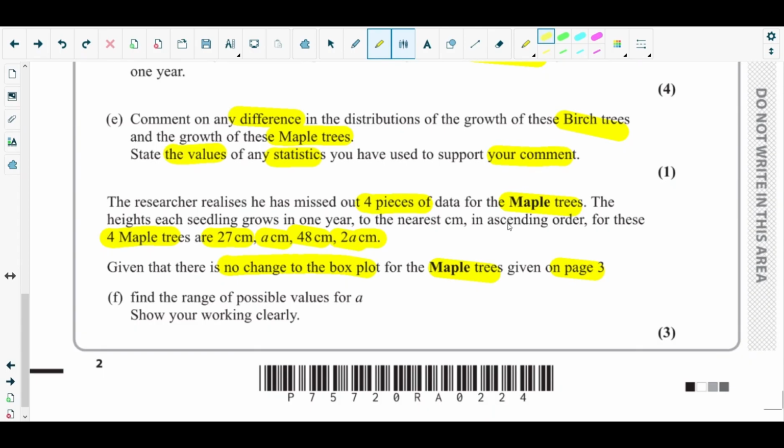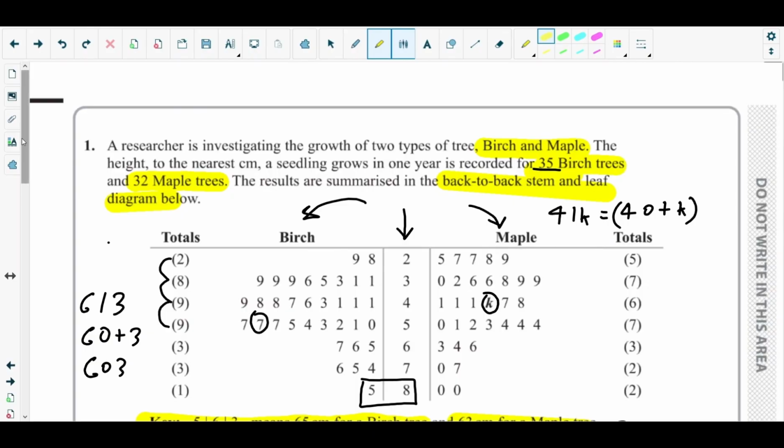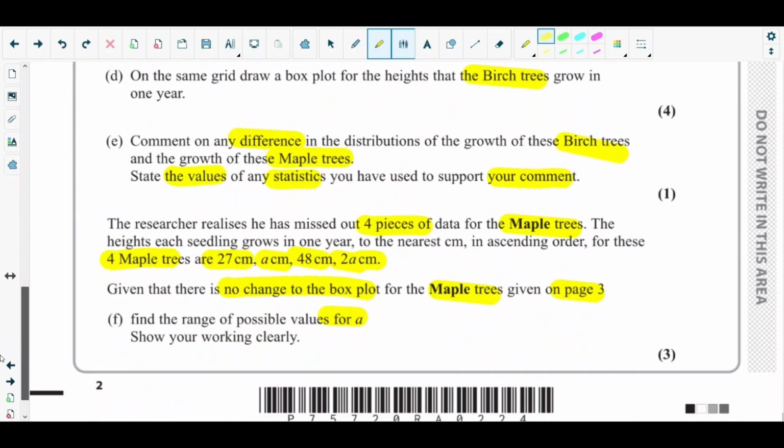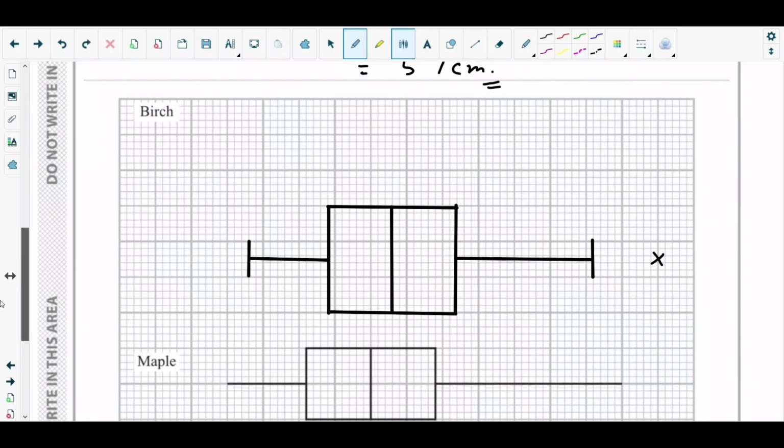This is a very conceptual question. For part F, they are asking to find the range of possible values for A. Now let's consider the concept. The first data that is missing is 27, and the third one is 48. Where does 27 lie?